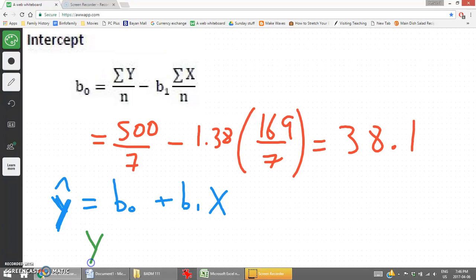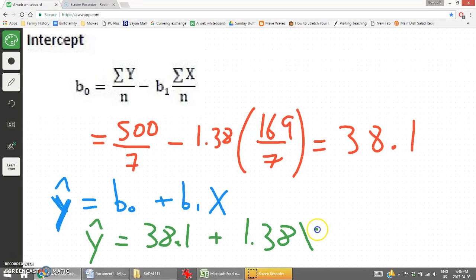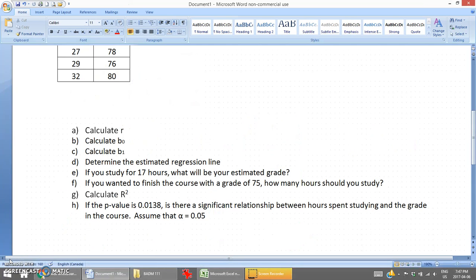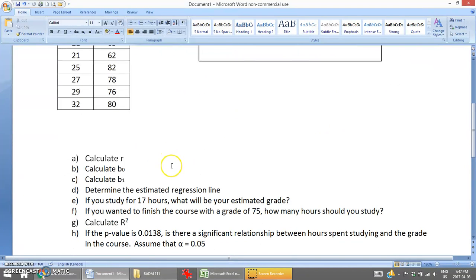So we know that an estimated y value is equal to the intercept, 38.1, plus 1.38x. Now with that we can make various calculations. So what we have done so far, if you look back at our general question, is that we have calculated r, we've calculated the slope and the intercept, and we've determined the estimated regression line.